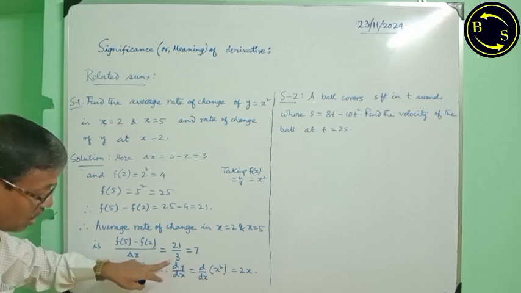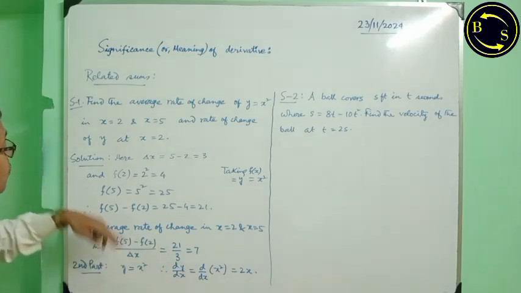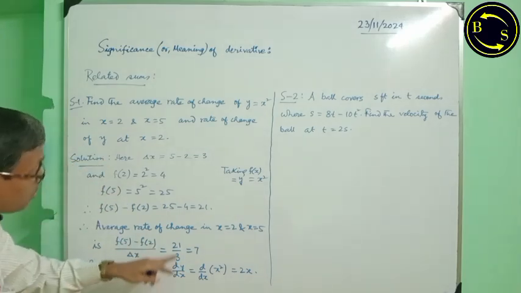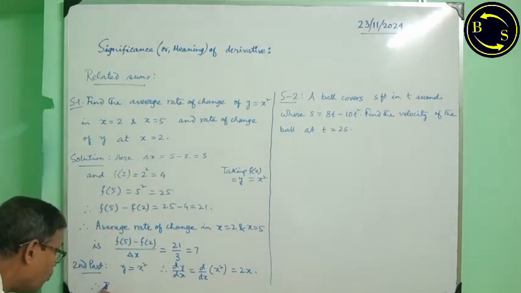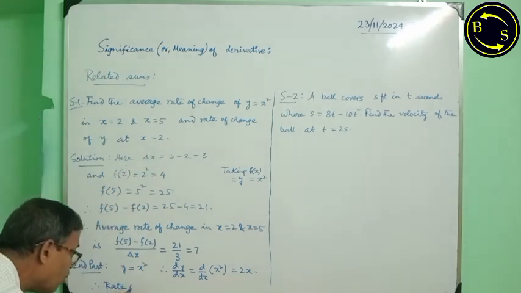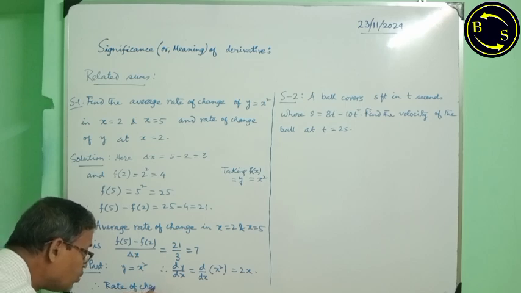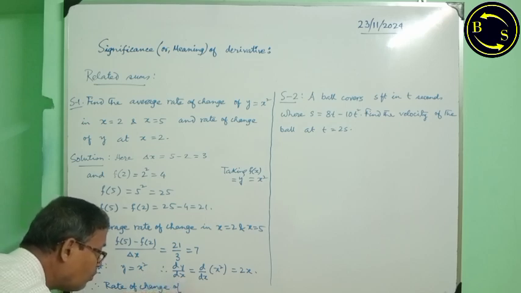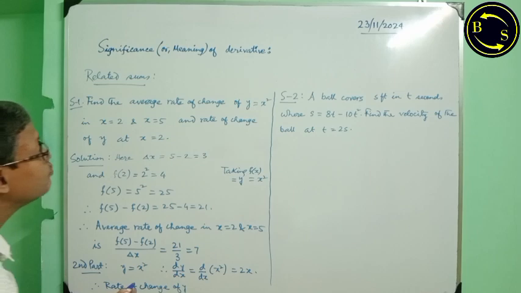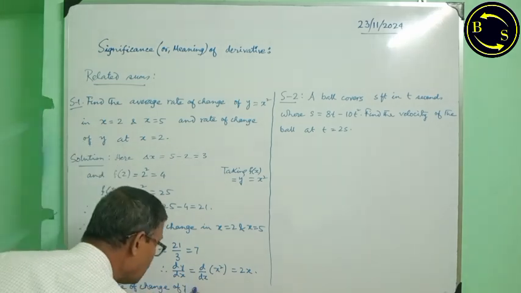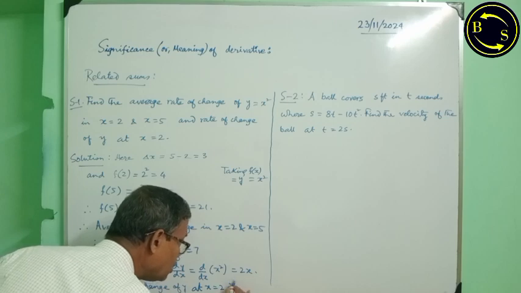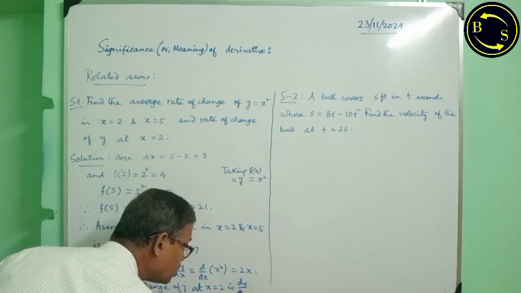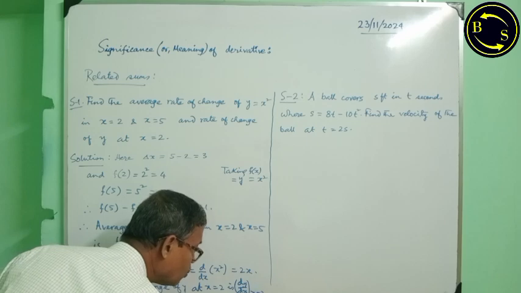That means this is the rate of change of y at certain value. Therefore rate of change of y at x equal to 2 is dy dx. We denote like this, x equal to 2.